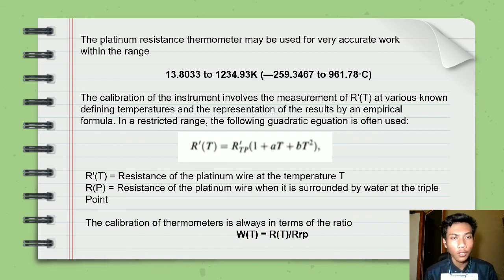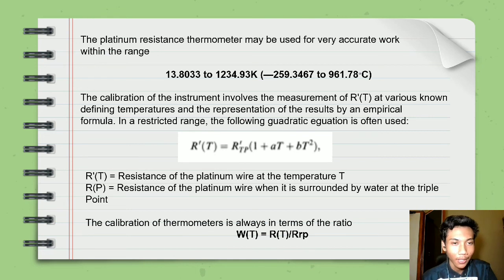The calibration of the instrument involves the measurement of R_T at various known defining temperatures and the representation of the result by an empirical formula.